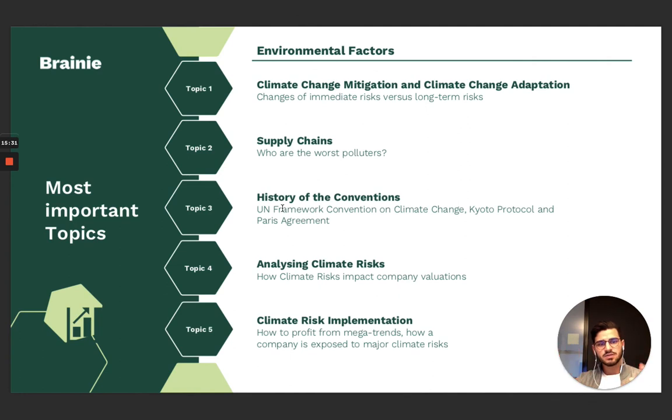Understand the differences of those two concepts. Supply chain, who are the worst polluters, and that kind of discussion. History of the convention, Kyoto Protocol, Paris Agreement. Analyzing climate risks, and then implementing climate risks in your investment framework.